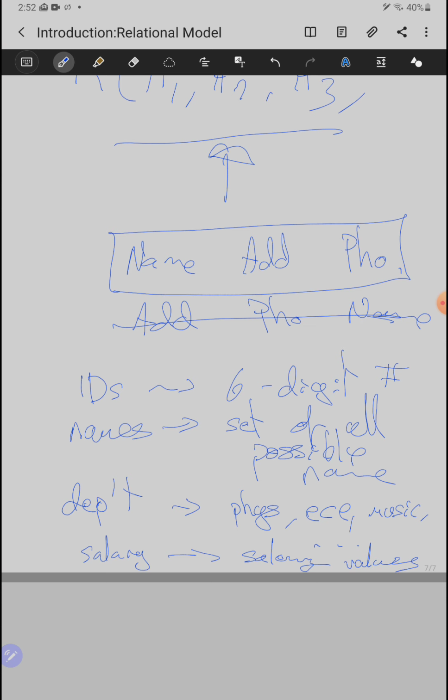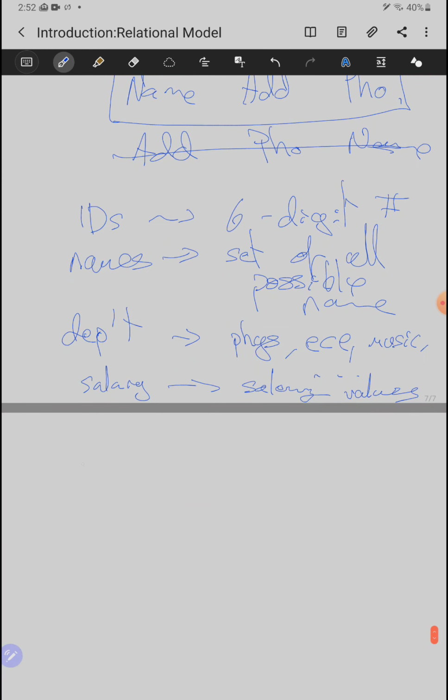So one of the possible ones is 1, 2, 3, 4, 5, 6, Einstein, music, and $53.